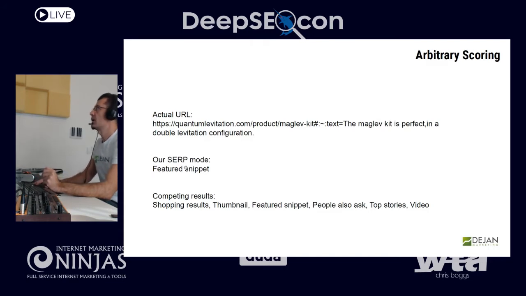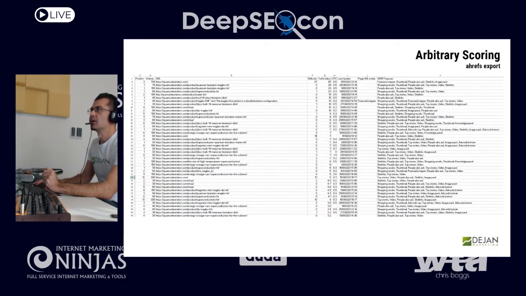So here's how your arbitrary scoring could work. This is the list of all the stuff, and this is simply an Ahrefs export. So when you export the queries from Ahrefs, it actually gives you the SERP features in column K, and you actually get to see what type of SERP features appeared alongside you, and it can tell you if you are featured in any way.